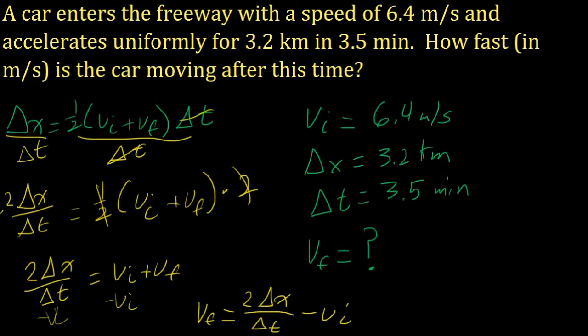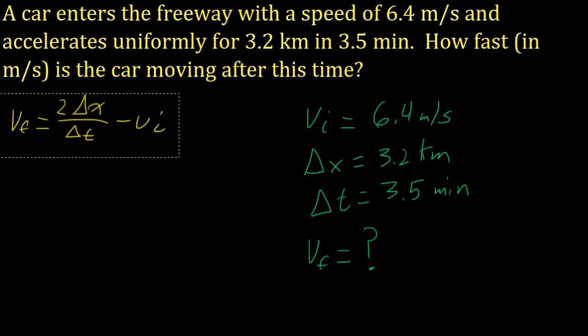I'm going to clean this up. Much better. So now we just plug in. Great. Let's do it. So vf, which is what we're looking for, equals 2 times delta x. Delta x was 3.2 kilometers. Uh-oh. We can't have kilometers.